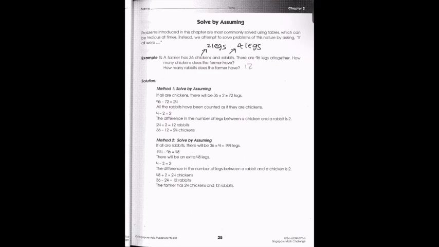We have 2 methods. The first is to assume that all are chickens, and the second is to assume that all are rabbits. You should choose one method. I'm just going to say that all are chickens.